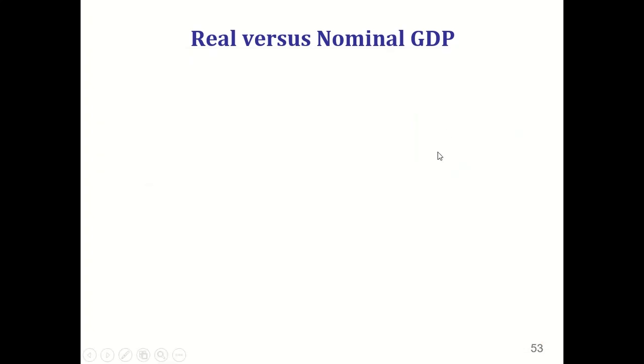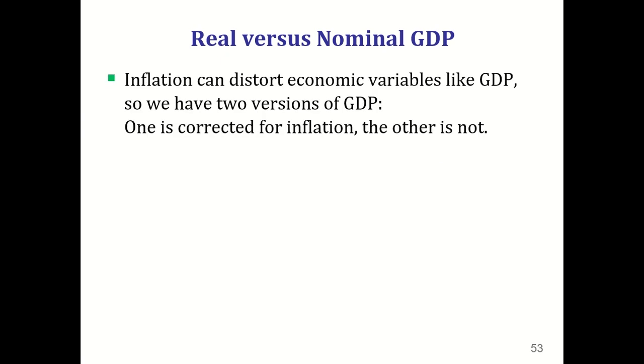Now, what is the difference between the two? We will see that through an example. Broadly, we are saying that the real GDP is corrected for inflation, whereas the nominal GDP is a combination of the growth in the availability of goods and services as well as the change in the prices of these goods and services.